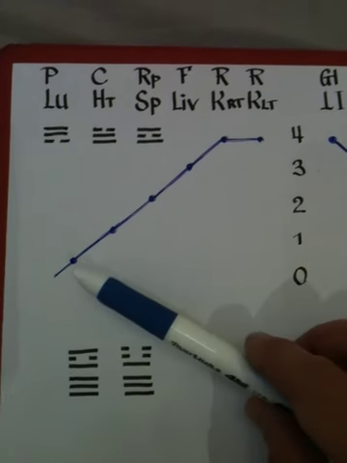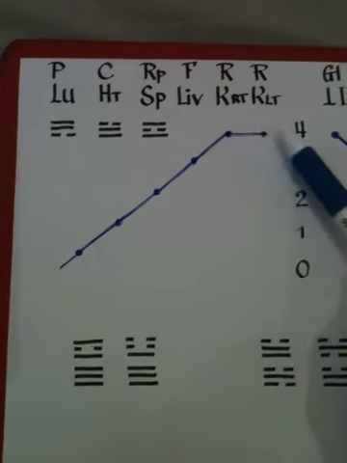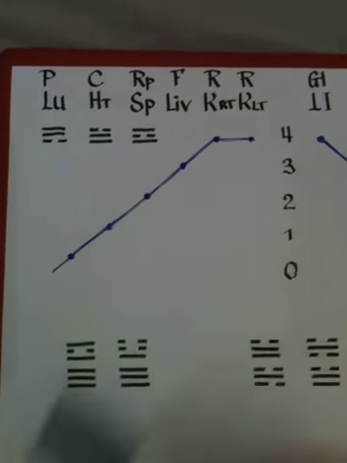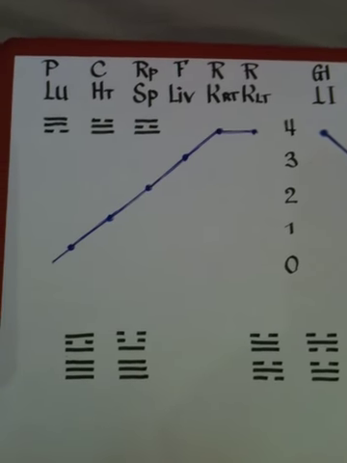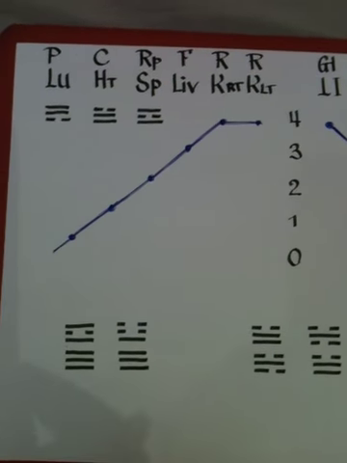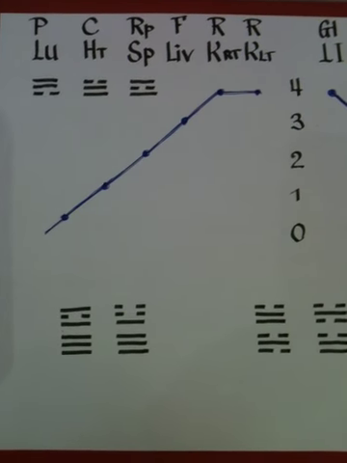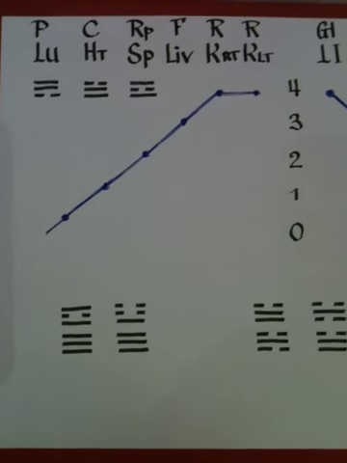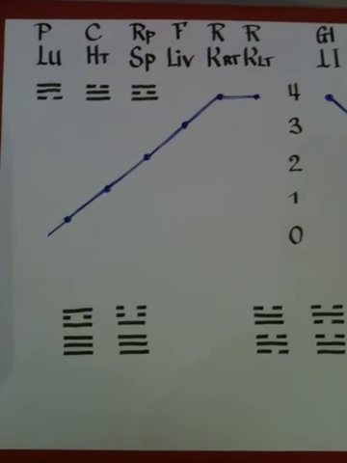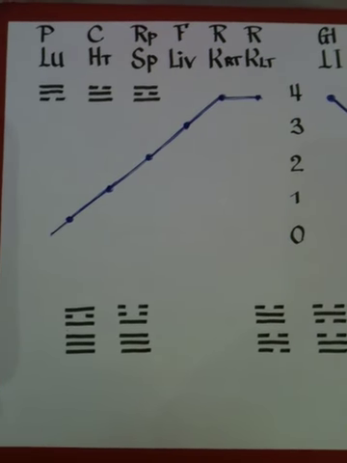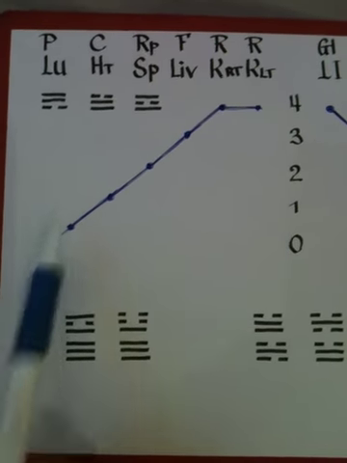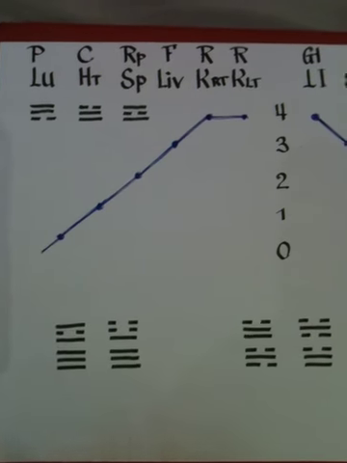What we can notice here is that Zang organs are not affected. So if we would use the very popular way that many practitioners use for the balancing method, we would try to balance, for example, the lung meridian with some other meridian, but in reality the lung meridian is not affected.